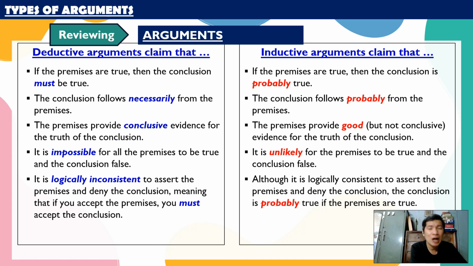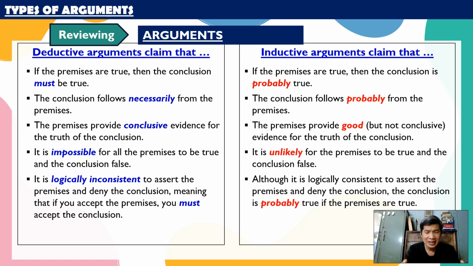You have to decide how sure, how certain you are, I mean, the level of certainty for your conclusion, so that it can be easy for people to agree with you. Also think about the premises. For the deductive arguments, the premises provide conclusive evidence.